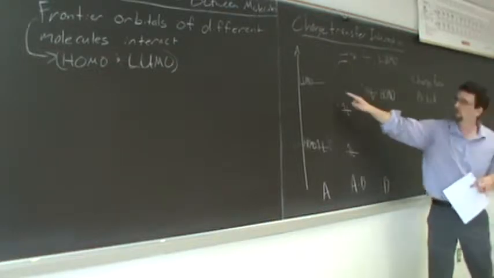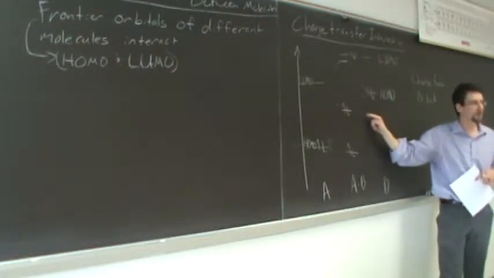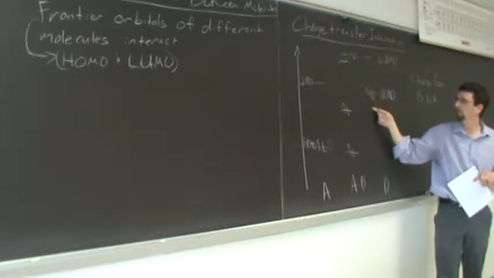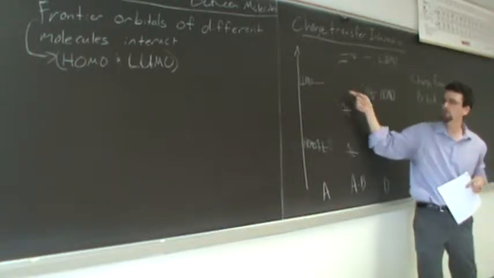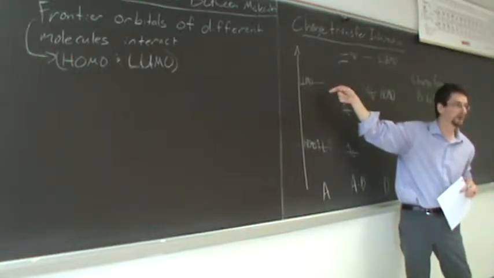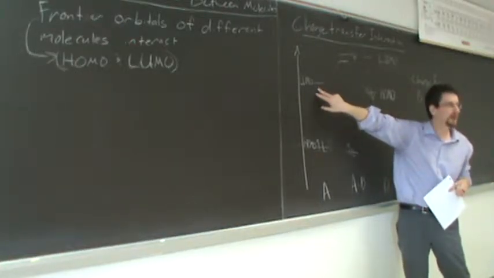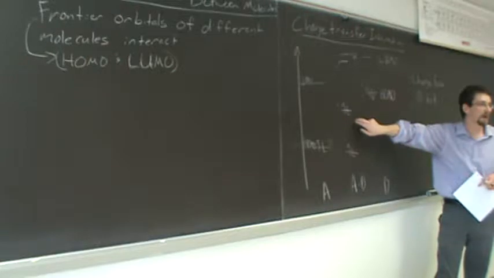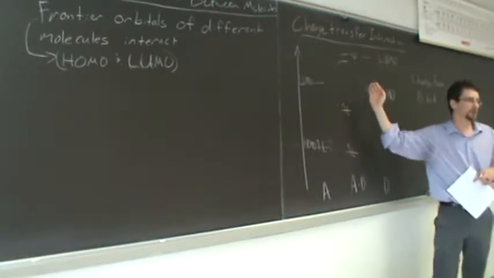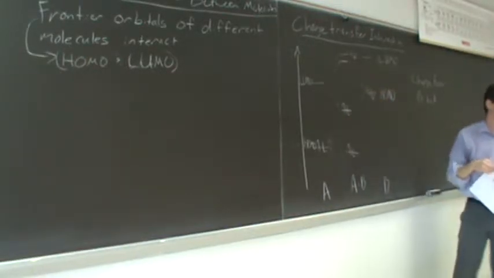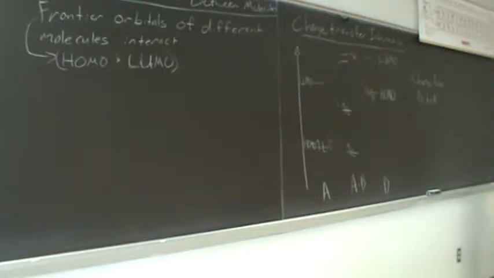So now when these two overlap, some electron density is going to go from B's HOMO to A's LUMO, right? So now, this was once completely unoccupied. There are now some electrons occupying it. So there's charge transfer going that way. Does that make sense? Okay.